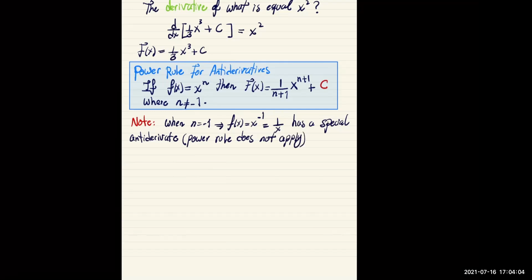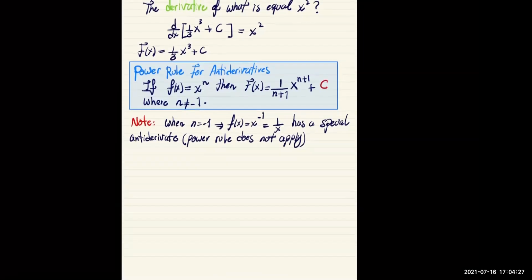The antiderivative of 1 over x happens to be the natural log of x. And we are not dealing with logs in calculus 1, so wait till you get to calc 2. But this formula works for any other n except for -1.